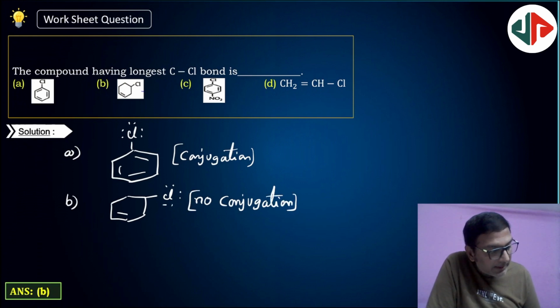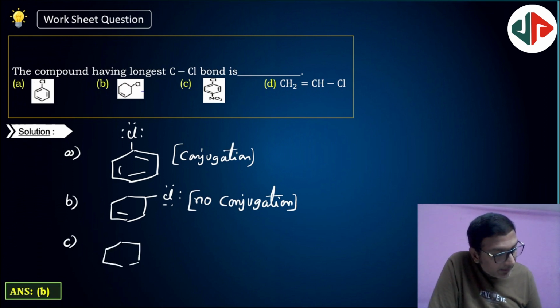Next, C: conjugation, if chlorine is attached to benzene, it will be a conjugated compound.